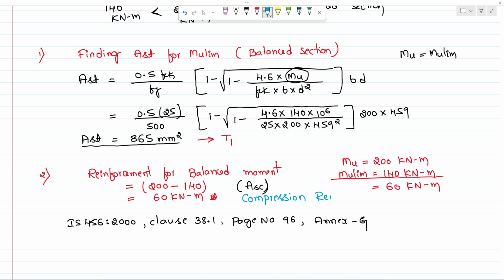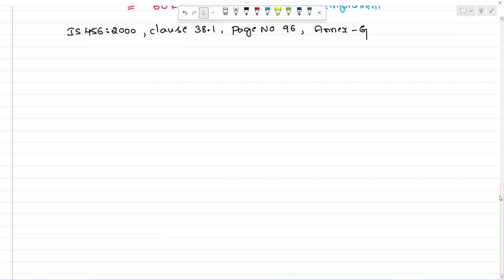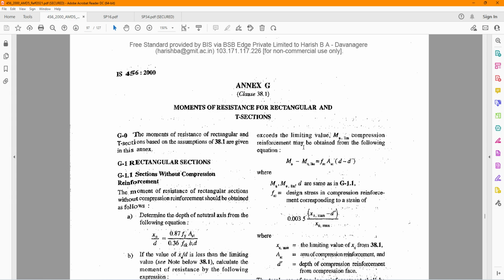Let me copy the formula. The formula is Mu minus Mu limit equals FSC into ASC into d minus d dash.